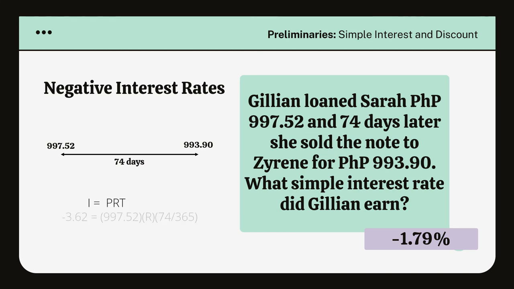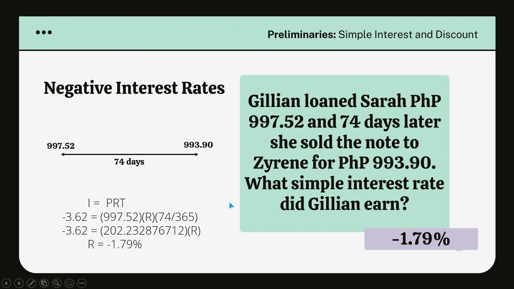So, for us to look at it, here it is. 997 pesos, we subtract from 993. We will not swap their positions. So, 993.90 minus 997.52 is equivalent to negative 3.62. Okay? So, following what we usually do here, we will arrive at a negative value.